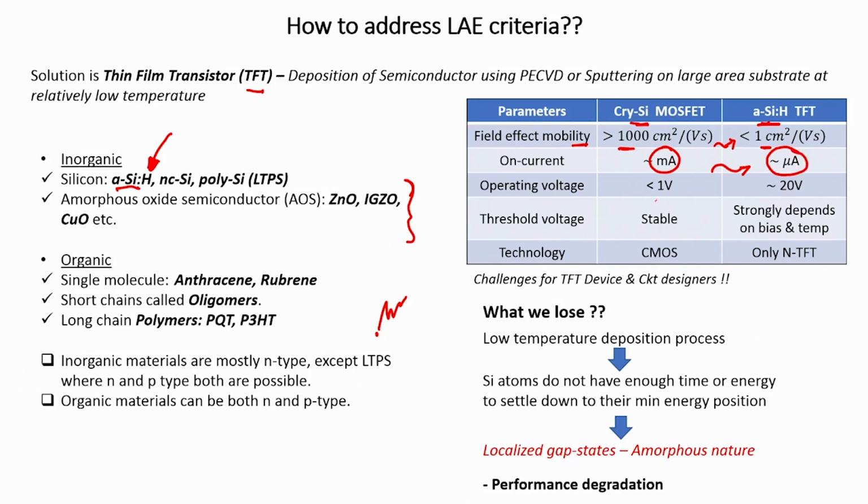The operating voltages, or the voltages required to create the field to make these electrons move, are much smaller in the case of crystalline silicon. Whereas in the case of amorphous materials the voltages vary from anywhere between 5 volts to 20 volts, and this very much depends upon your process, the device structure, the nature of the semiconductor, and particularly the semiconductor insulator interface and the contacts.